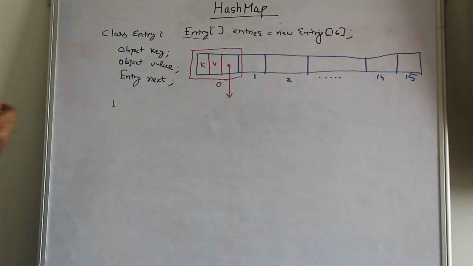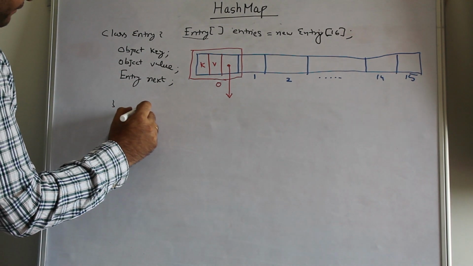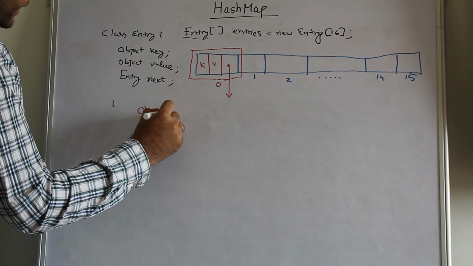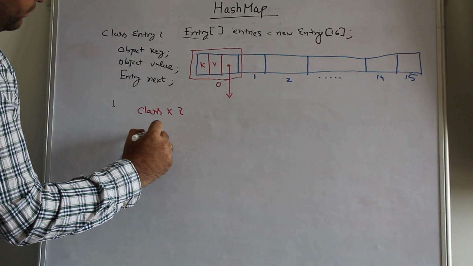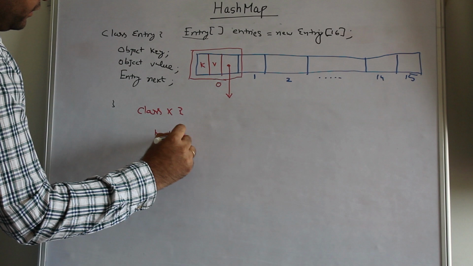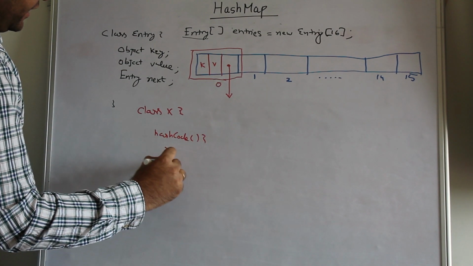Now we'll take a class, say for example class X, and it will have two methods implemented called hashCode and equals.